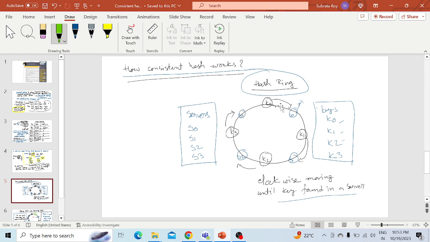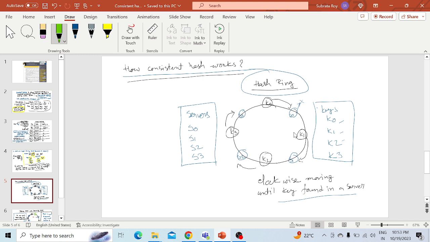On the hash ring, you have servers S0, S1, S2, S3. Now your K0, K1, K2, K3, how are they distributed? Suppose K1 is distributed with S1, K2 is distributed with S2, K3 with S3, and K0 with S0. This is how the distribution happens.